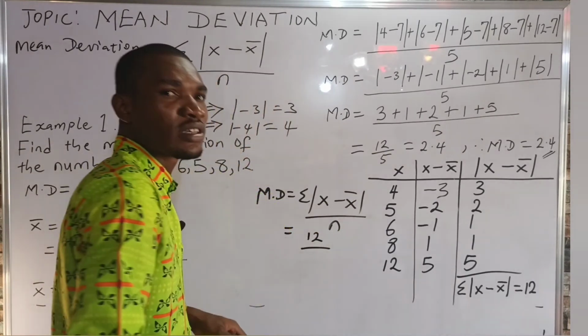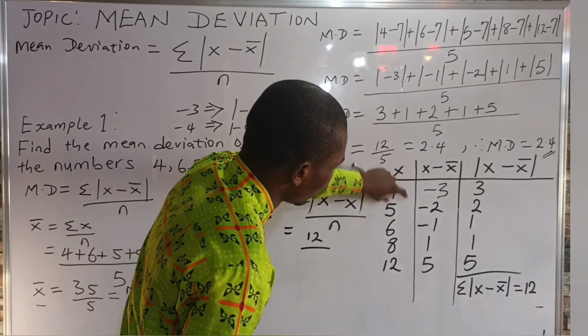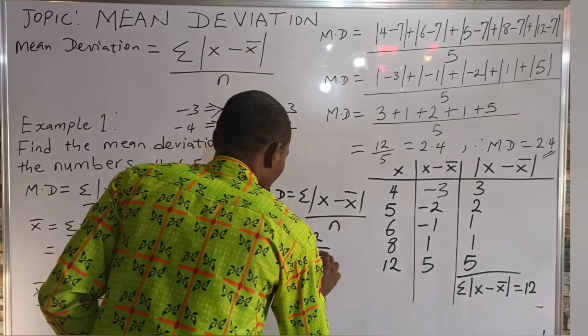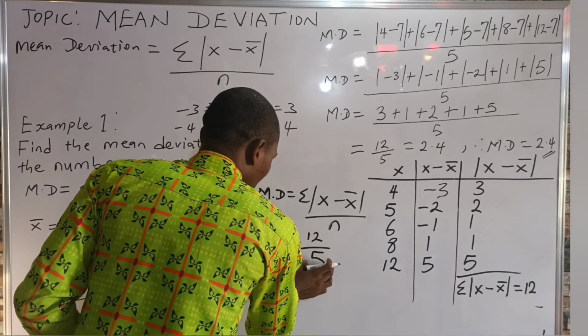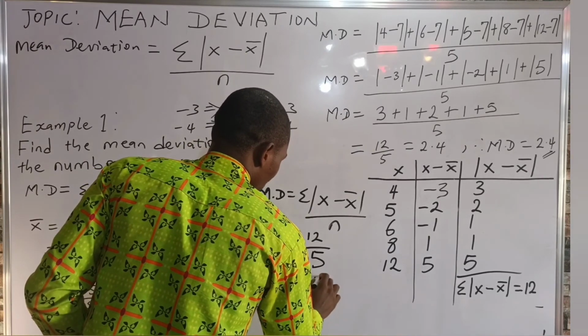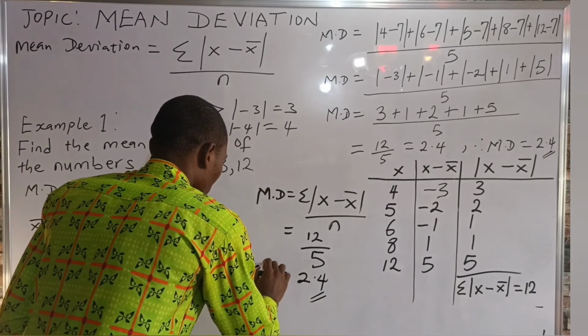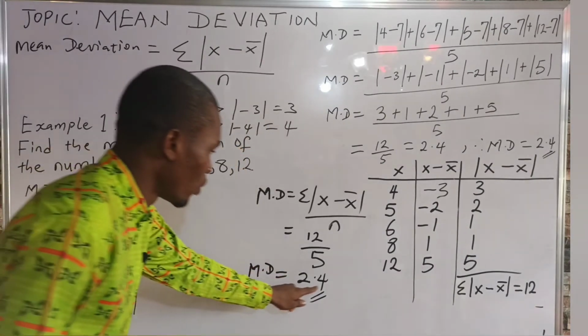Our n is just how many numbers we have here. So we have 1, 2, 3, 4, and 5. So we have 5 numbers. And that is equal to 12 divided by 5, which will give us 2.4. So automatically the mean deviation of this given set of data is 2.4.